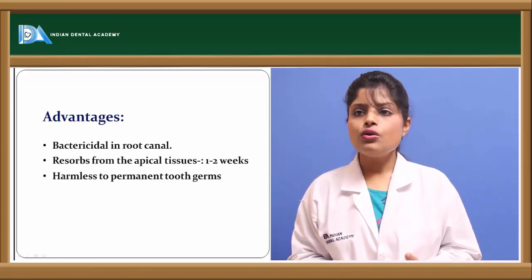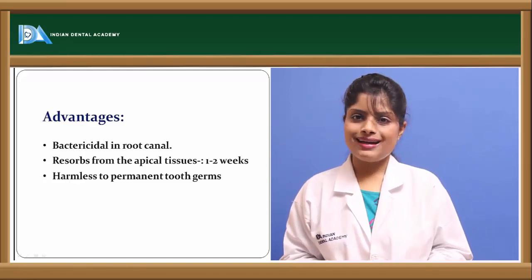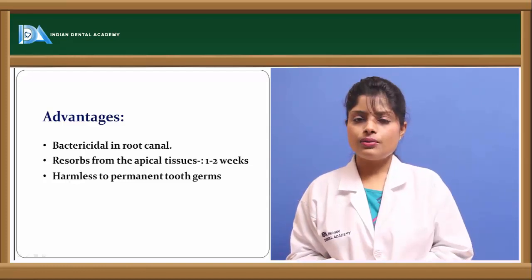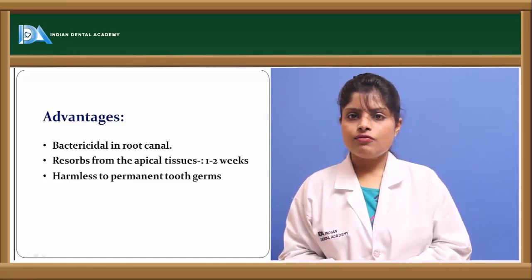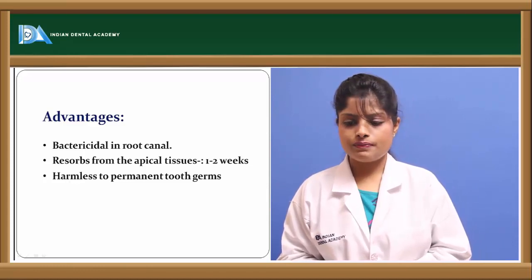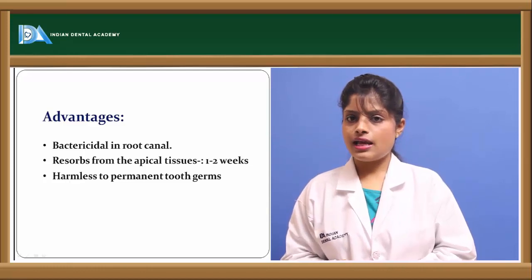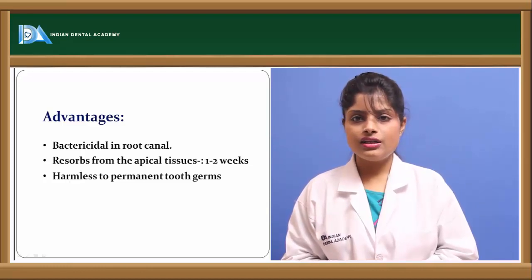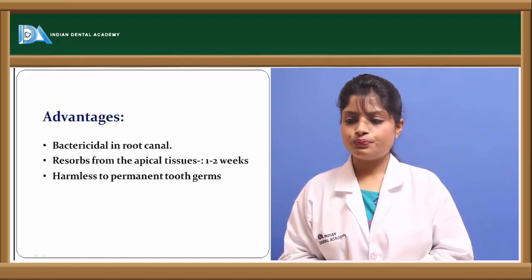There are also no side effects on the successor tooth. If the paste is extruded out through the periapical region, it will resorb easily. Further, it does not dissolve with the help of oral fluids, and if it is extruded out from the periapical region, it can be easily replaced by the normal tissue.